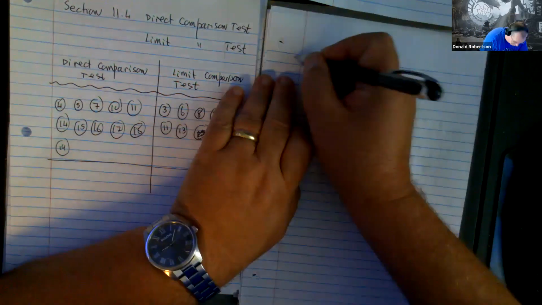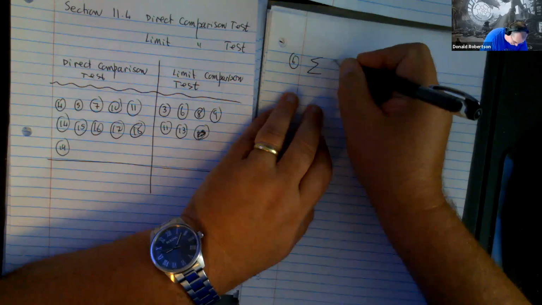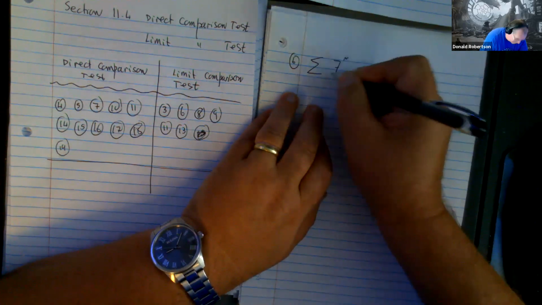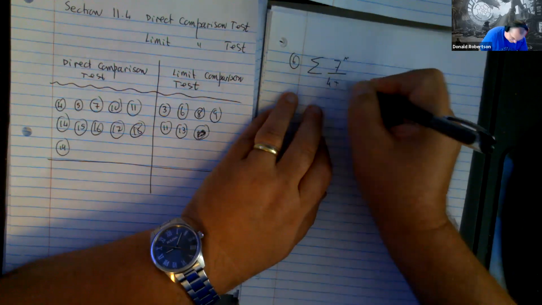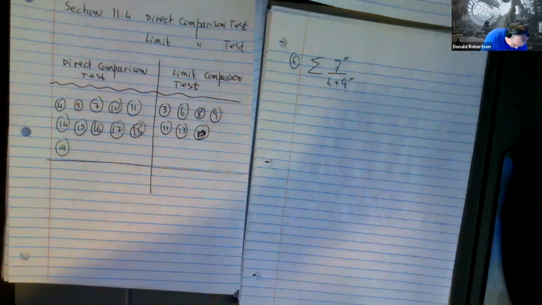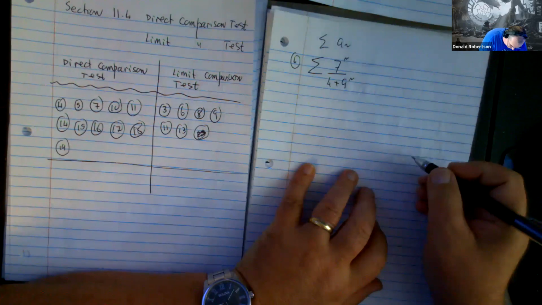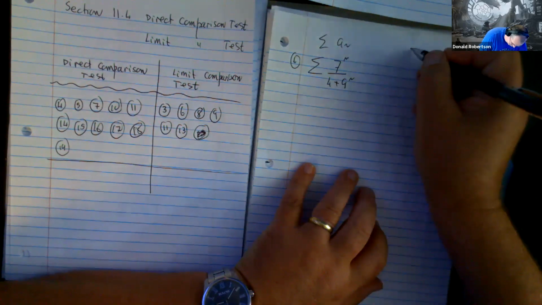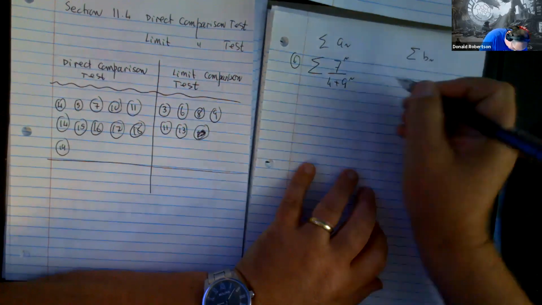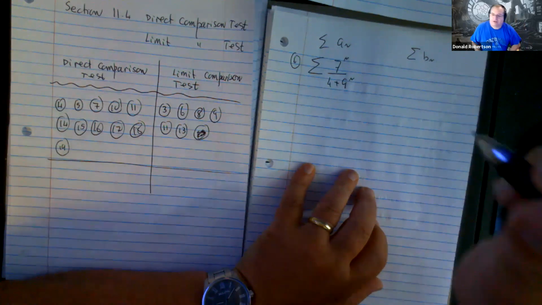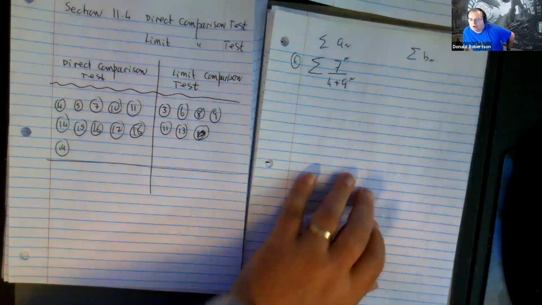So let's see what question 6 looks like, because I picked that one. The series we are going to do in question 6 is that one. That's my sigma an. Now I need to find a sigma bn, something similar looking but much simpler.